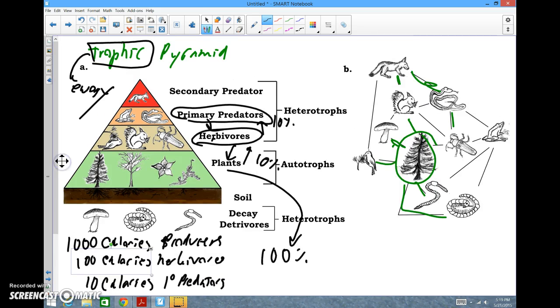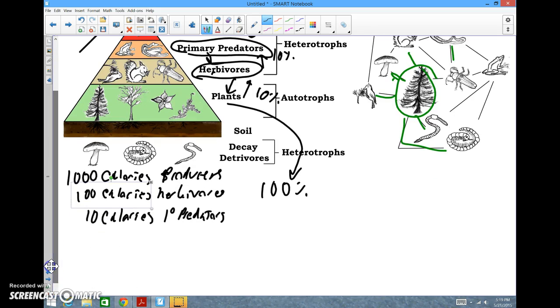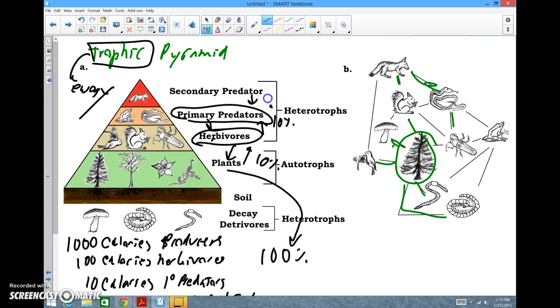And then if you look again, you have the secondary predator, and it eats the primary predators. So that means that, again, it's a 10% change. So that means of my original 1,000 calories, only 1 calorie was available for the secondary predator. And so what this means is, the farther you get up the food web, the less energy there is for you to eat.